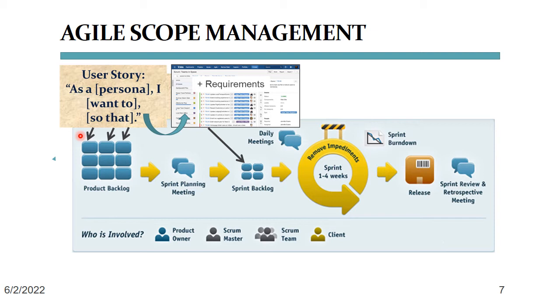Take a look at the user story structure in this box here in the upper left-hand corner. Do you see how it has a very specific grammar? Let's break this down. As a persona. This makes us ask, who are we building this for?